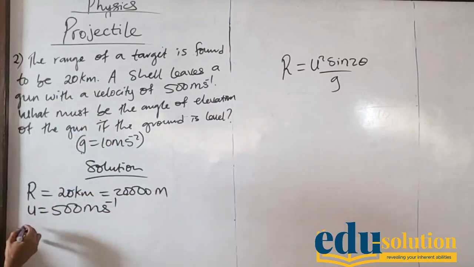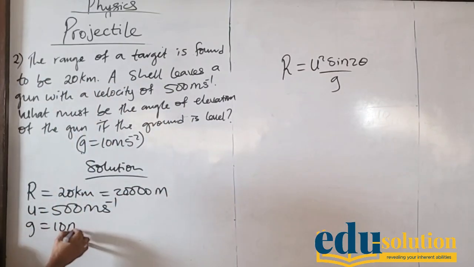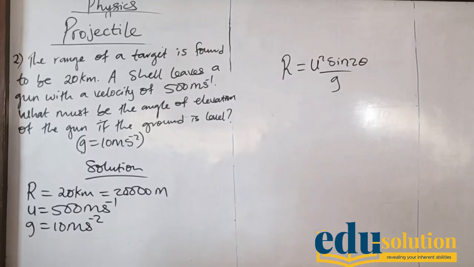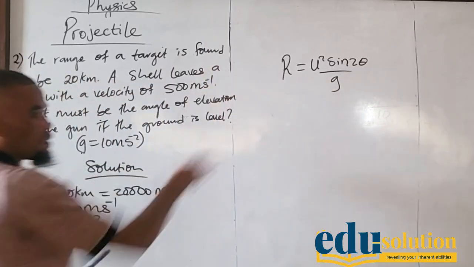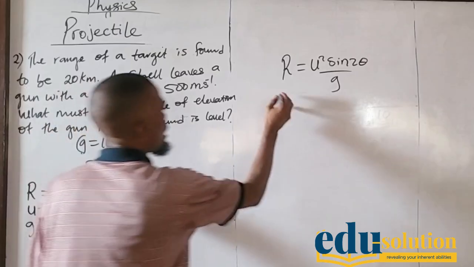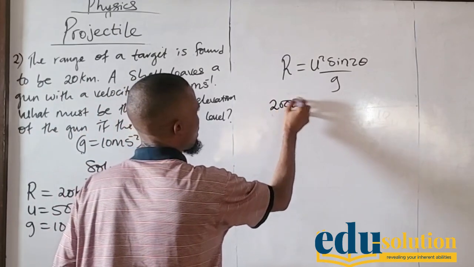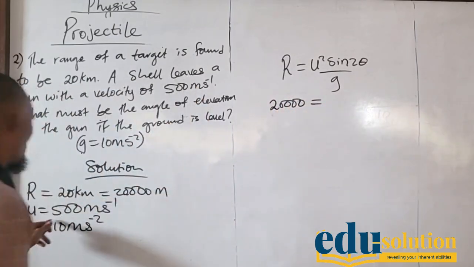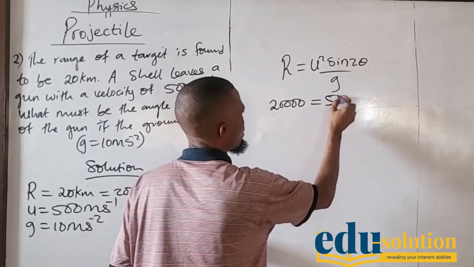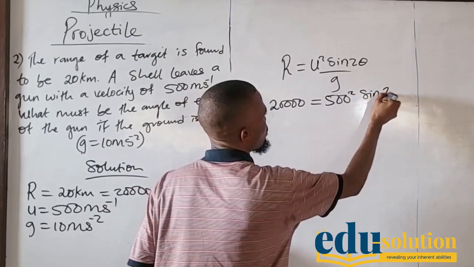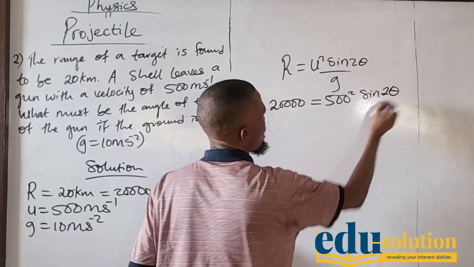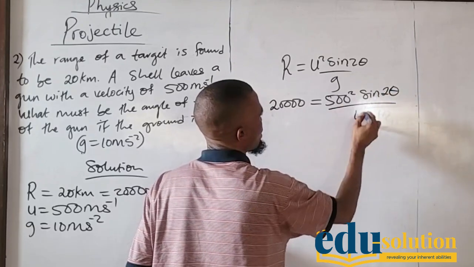They gave us g is equal to 10 meters per second squared. So all we just need to do, I've written the formula here already, is to plug in the values. So we are having R is 20,000 is equal to u is 500, we take the square of it, 500 squared, and then we have sine 2 theta over 10.